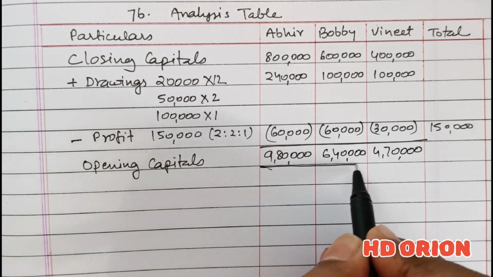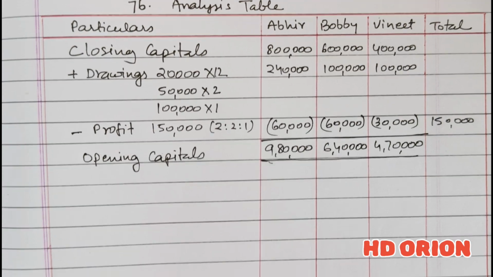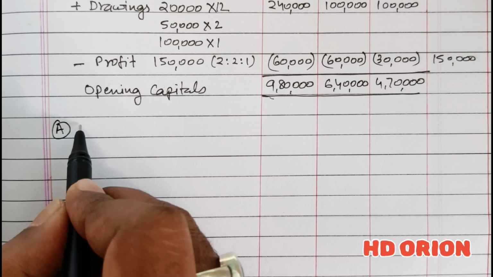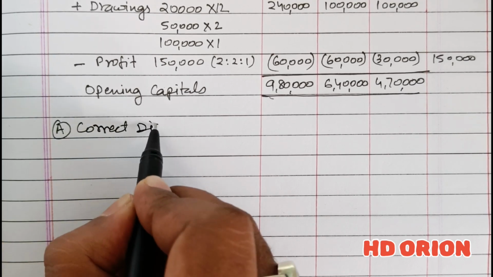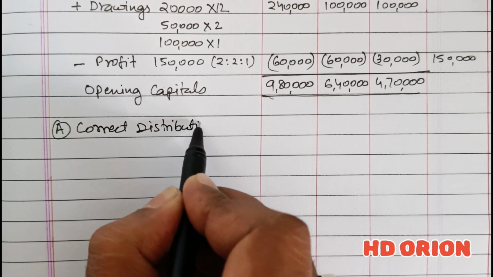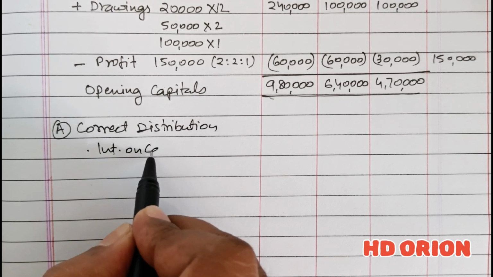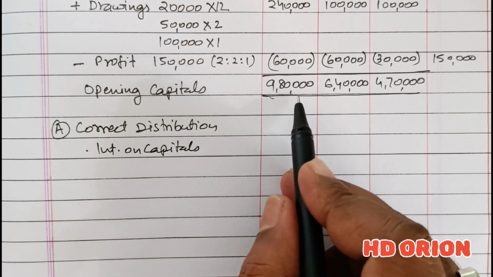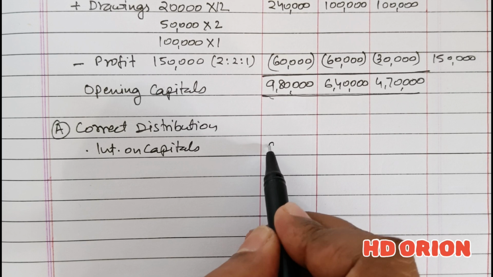Now these are the balances on which we have to allow interest on capital to the partners. As per the partnership deed, the correct distribution, what was supposed to be given to the partners, is first interest on capital: 10% of these balances. 10% means delete the last digit and you get the 10%.